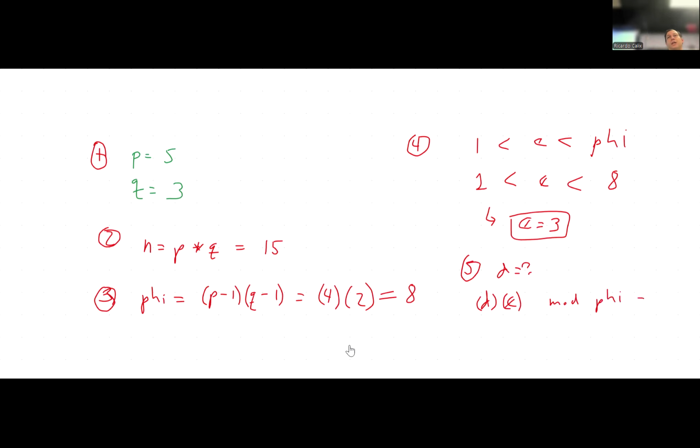Okay, we will also look at this operation in a second. So in this case, what is E? 3. And phi is 8, mod equal 1. So we need to find a value that meets that condition. Do you guys see that? So this is the second operation we need to look at.